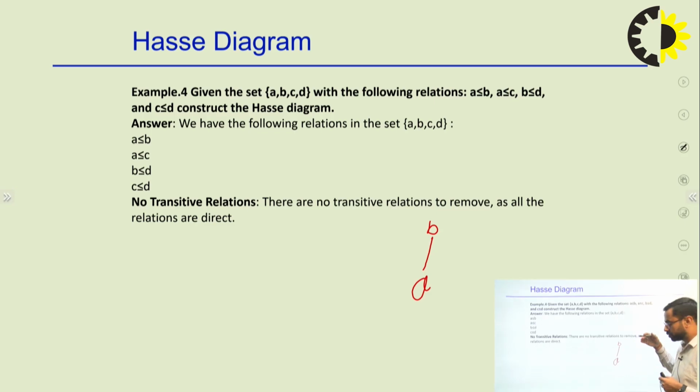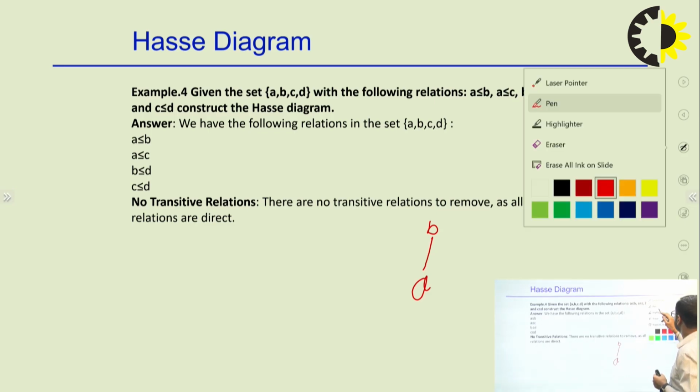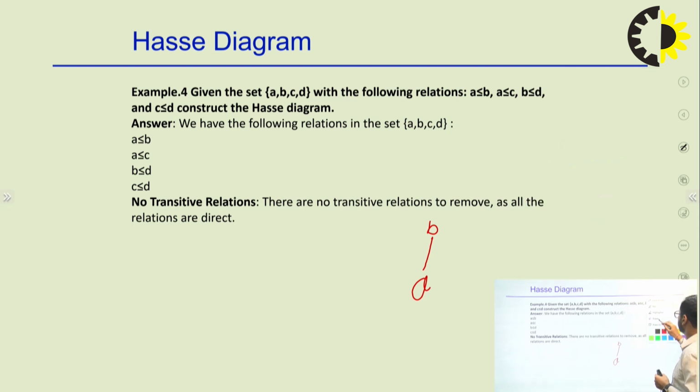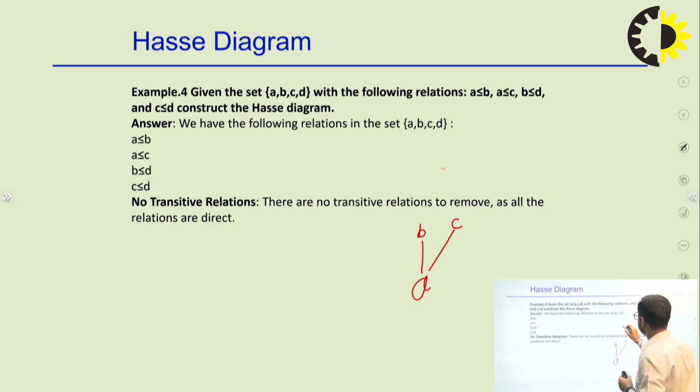Then we get A to C, then C to D and B to D, which means D will be at the top. Look at these formations.